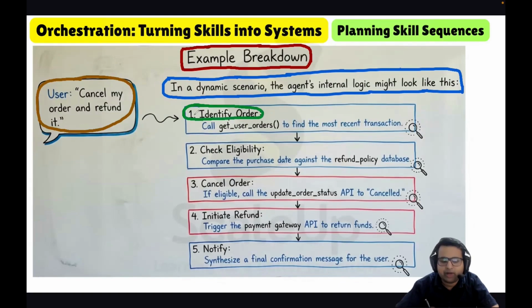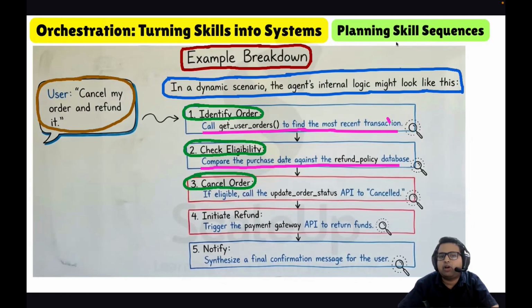The agent will call the get user orders function to find the most recent transaction, and then check the eligibility, whether that order is eligible for refund or not. The agent will compare the purchase date against the refund policy database, and if it is eligible, the agent will cancel the order.